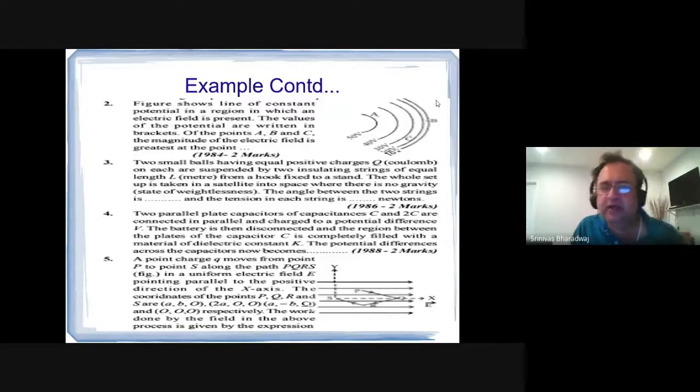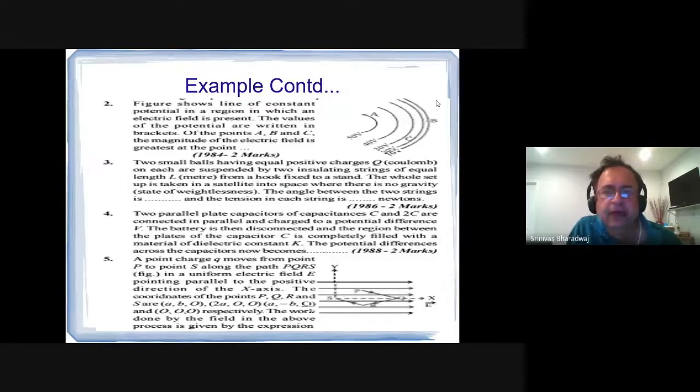It is between 10 and 20, so at point B the gradient is the most. Between the two lines 10 and 20, it's going up the fastest with respect to distance. Where the potential goes up the fastest with respect to distance, that's where you have the maximum electric field, because it's dV by dx. Trying to see if you understood that.